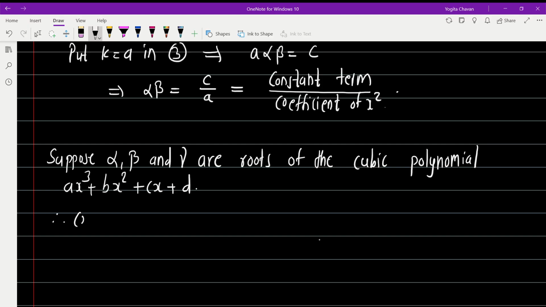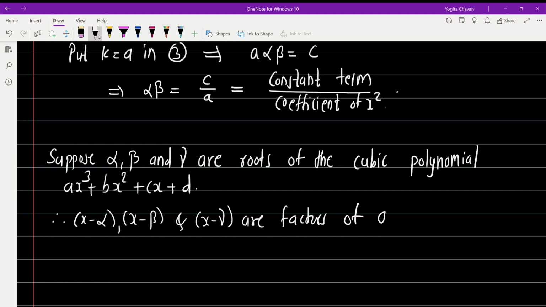Therefore x minus alpha, x minus beta and x minus gamma are factors of this cubic polynomial ax cube plus bx square plus cx plus d.